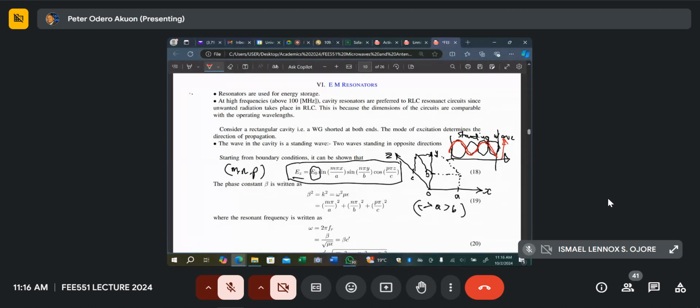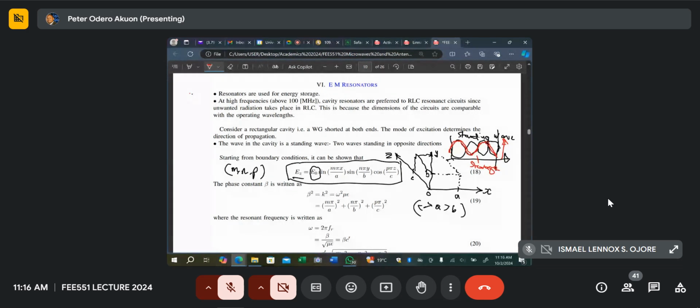And energy is going to be stored inside here. Storage will take place, which you need to convert into some use. All right? Otherwise, normally for energy flow, there must be a gradient between the source and the load. So there must be a load there for that propagation to take place.